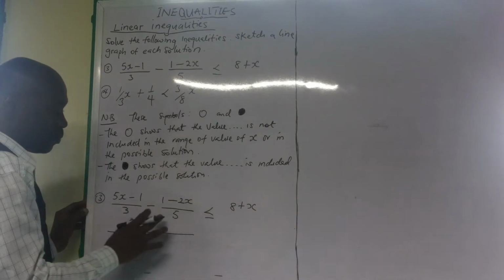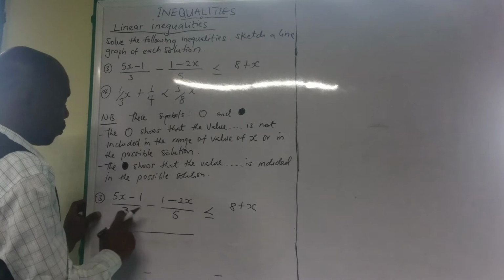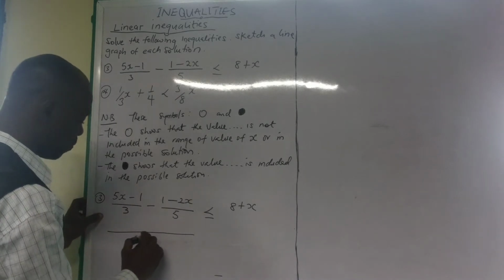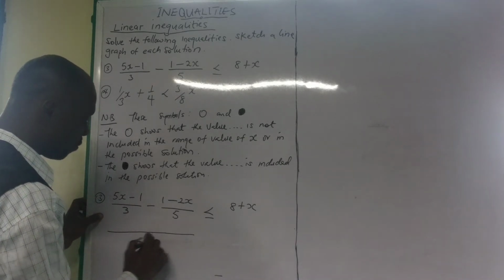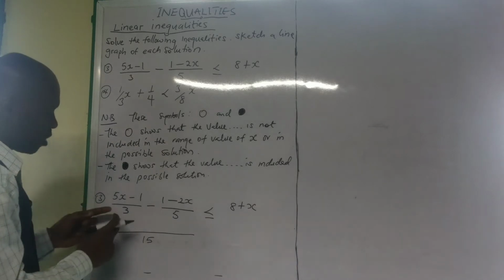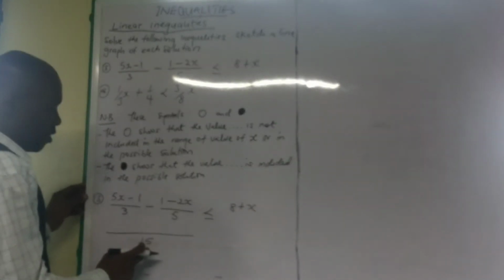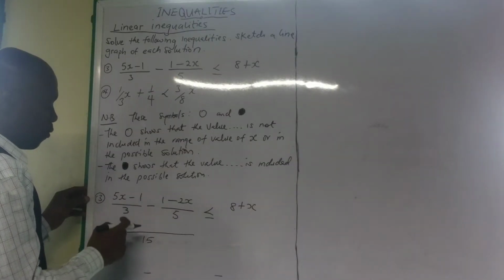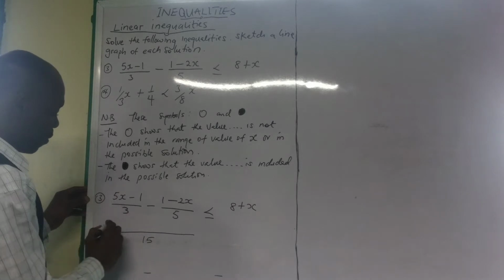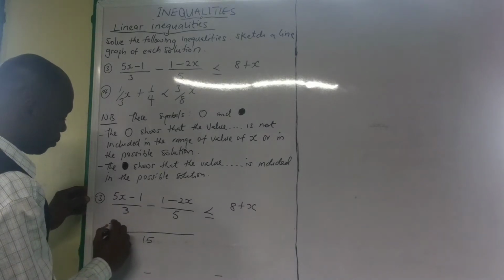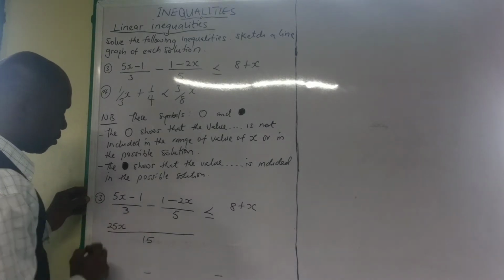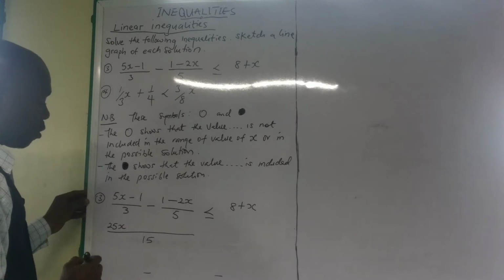So we'll look for the LCM of this side. 3 times 5 is going to give us 15. We put the 15 down. 3 in 15 gives us 5, so 5 times 5, 25x.